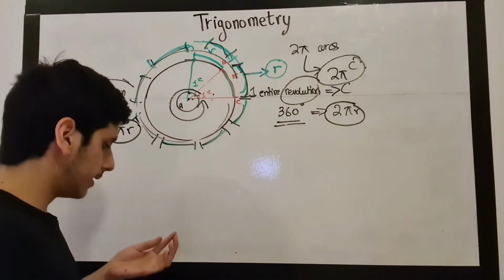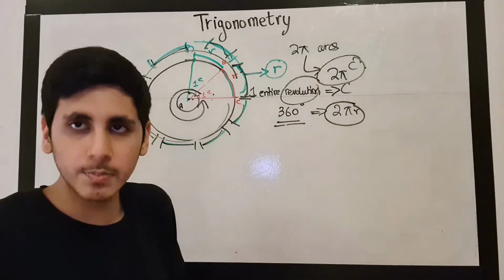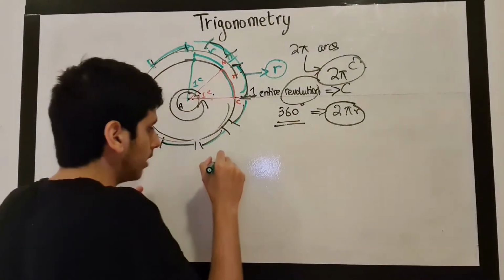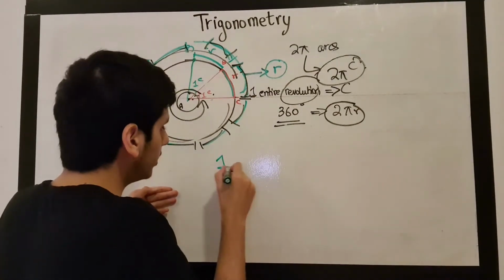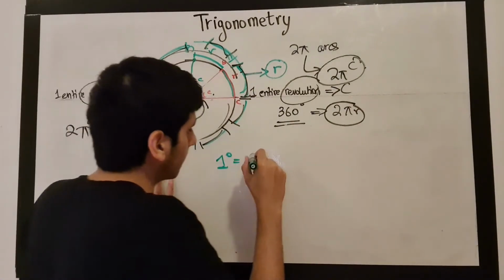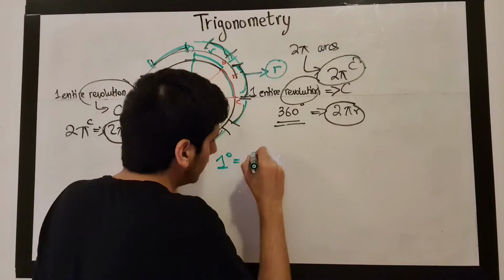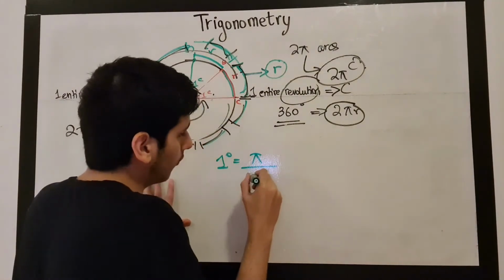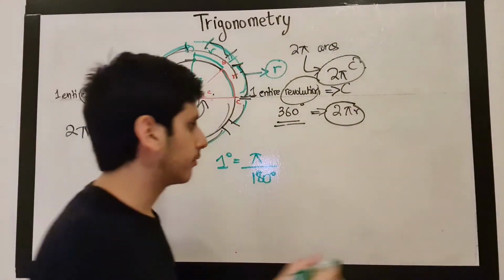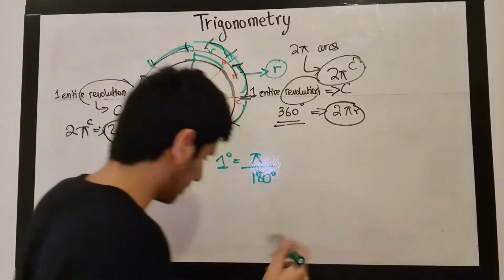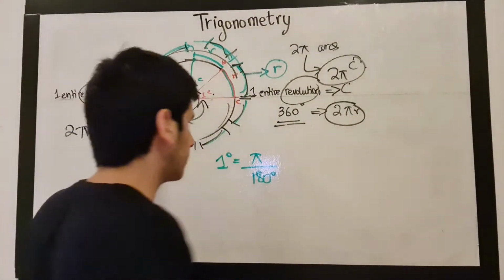For the sake of making simple calculations, I'll refer to 1 degree as pi over 180, not 0.01743, because that would complicate my calculations.